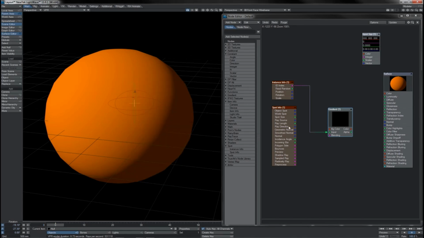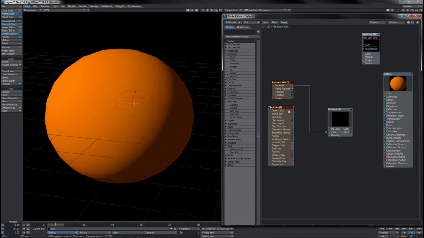It's important to understand, because this is one of the most misunderstood things about many nodes. For instance, the spot info node that catches a lot of people. When you pull the normal from the spot info node, it's a set of vectors, one for every spot on the surface that is being evaluated. That will change in context. In a displacement editor, we're only displacing the vertices of the object.